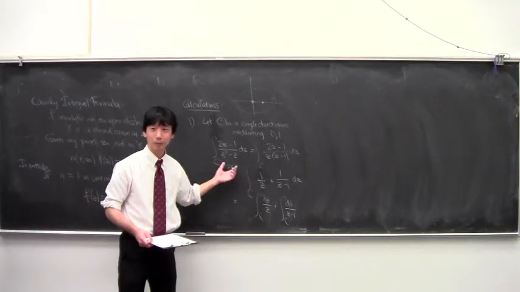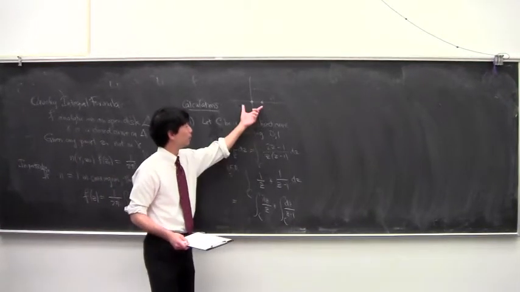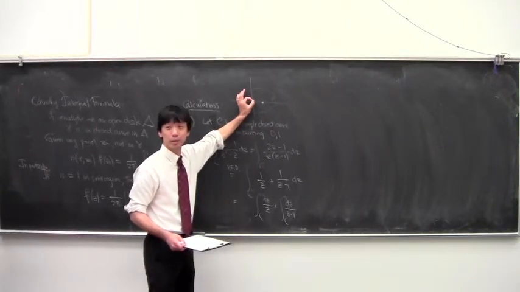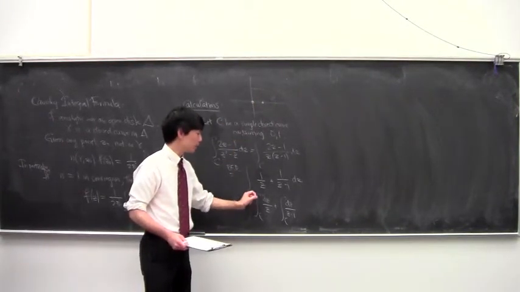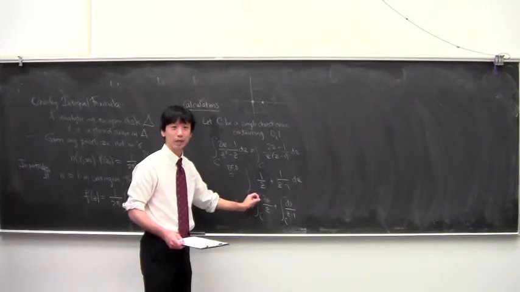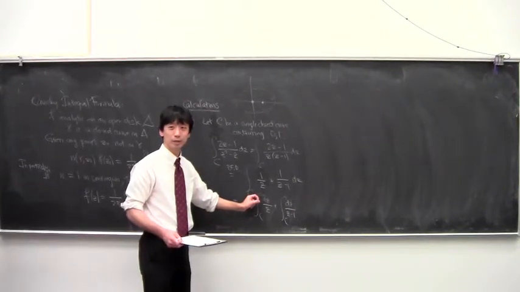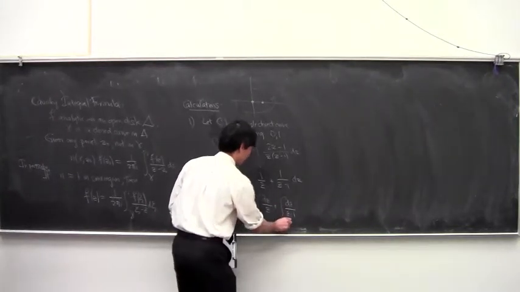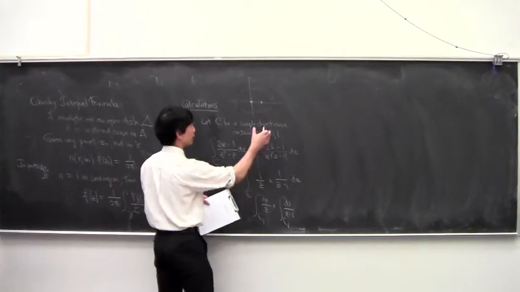So what can you do with it? You can deform the path so that it's just a circle around 0, and then this is just going to be 2 pi i. We calculated that integral before. And you do the same thing for this one: you deform C into a path.